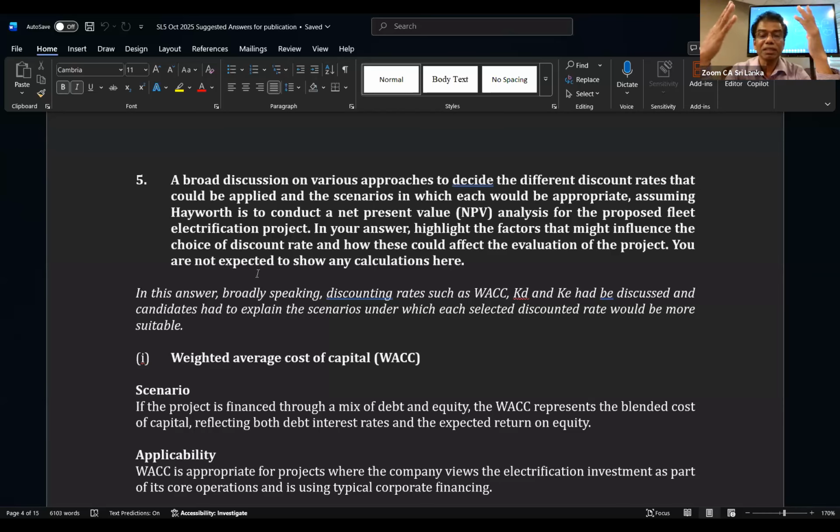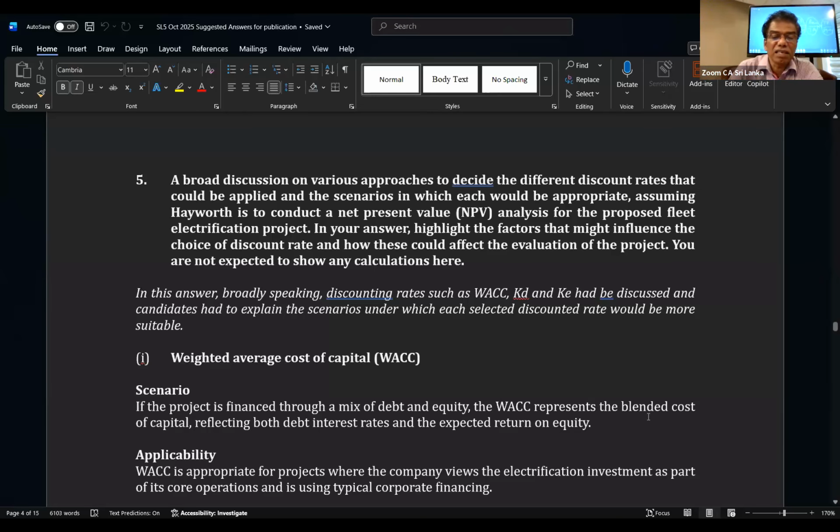So it is already mentioned not to calculate, but some took an example and calculated. That is what the examination center told me. The examiner also knows you are all doing this kind of unnecessary thing, so that's why he categorically mentioned not to do any numericals, right? So then you have to just explain.